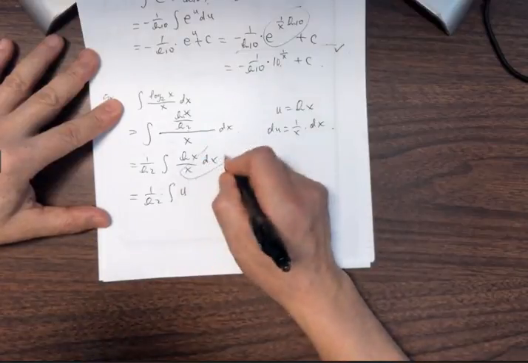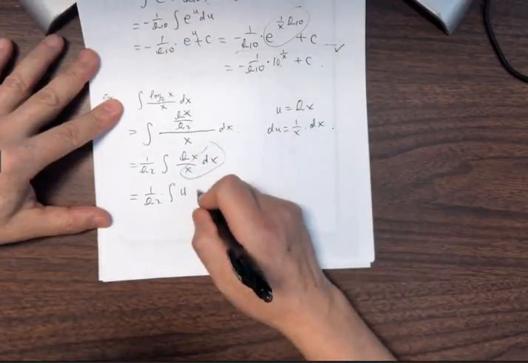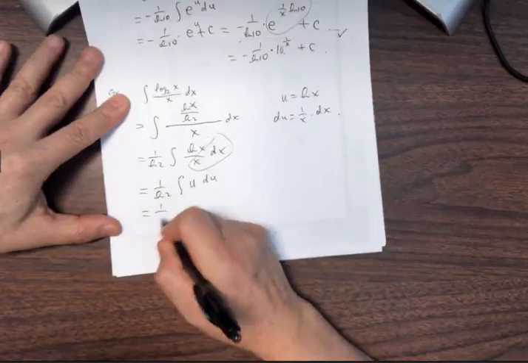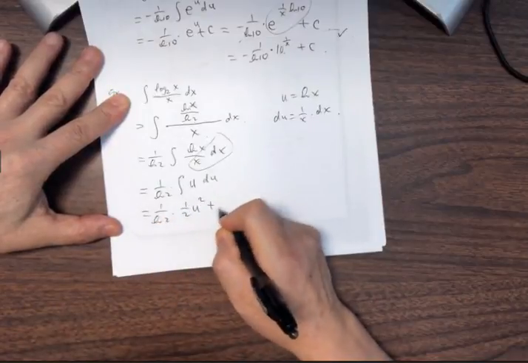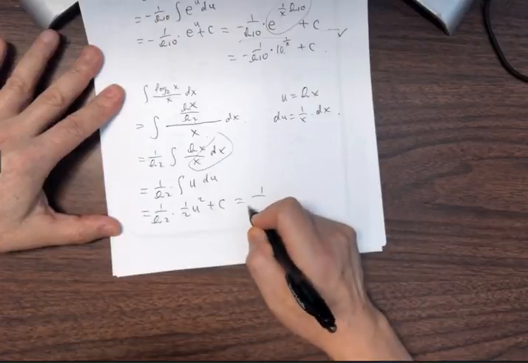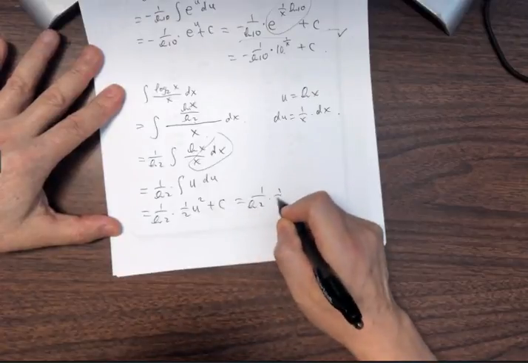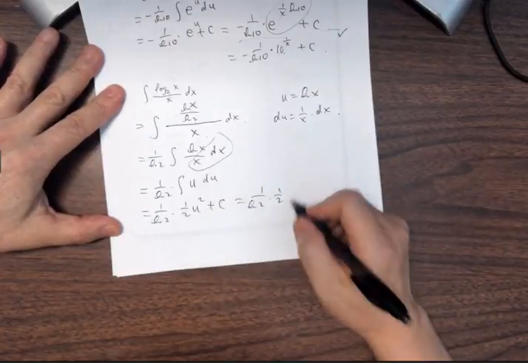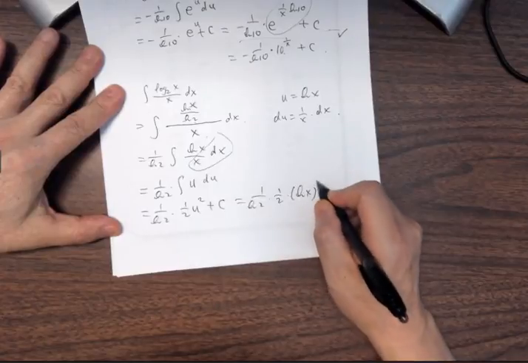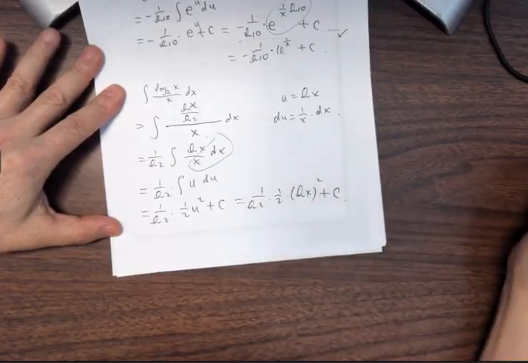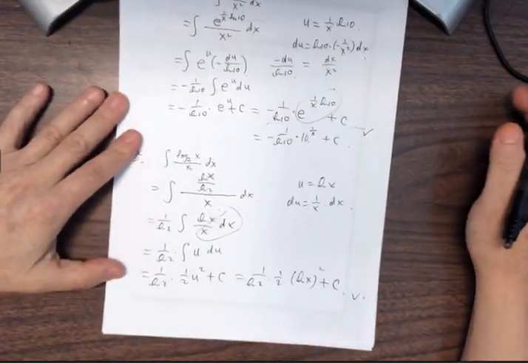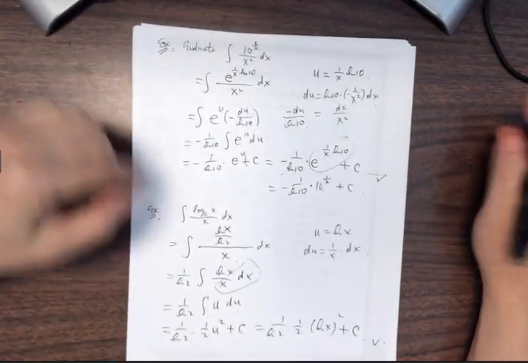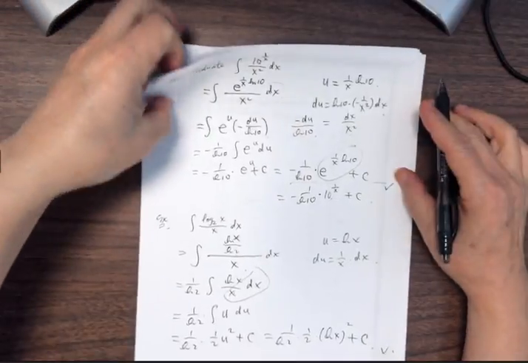So this part, 1 over x dx, becomes du. A very simple integral. Power. And finally, you get log x squared. Final answer.